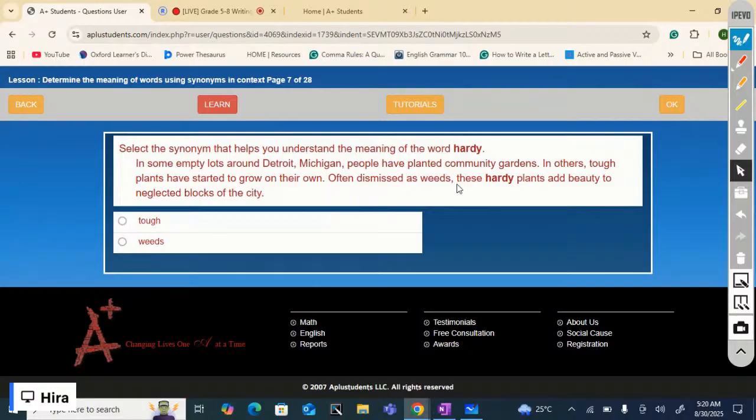Often dismissed as weeds, these hardy plants add beauty to neglected blocks of the city. Now, which synonym helps you understand the meaning of the word hardy? Hardy plants means it's an adjective. So, which synonym, tough or weeds?